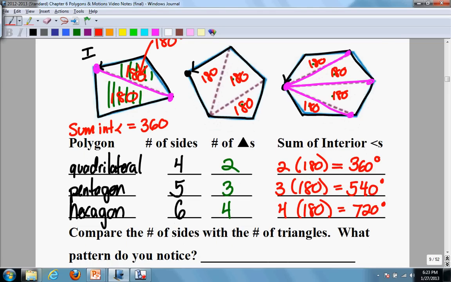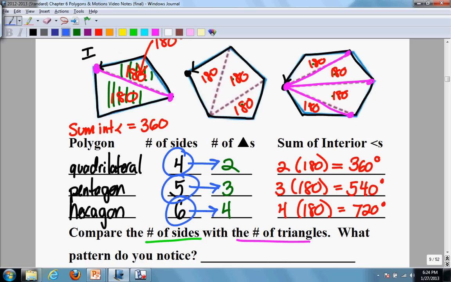Now before we go on, there is a pattern between the number of sides of a polygon and the corresponding number of triangles. Look at what this pattern is very carefully. It's important you're able to spot this. We went from 4 sides, only 2 triangles, 5 sides and 3 triangles, 6 sides and 4 triangles.